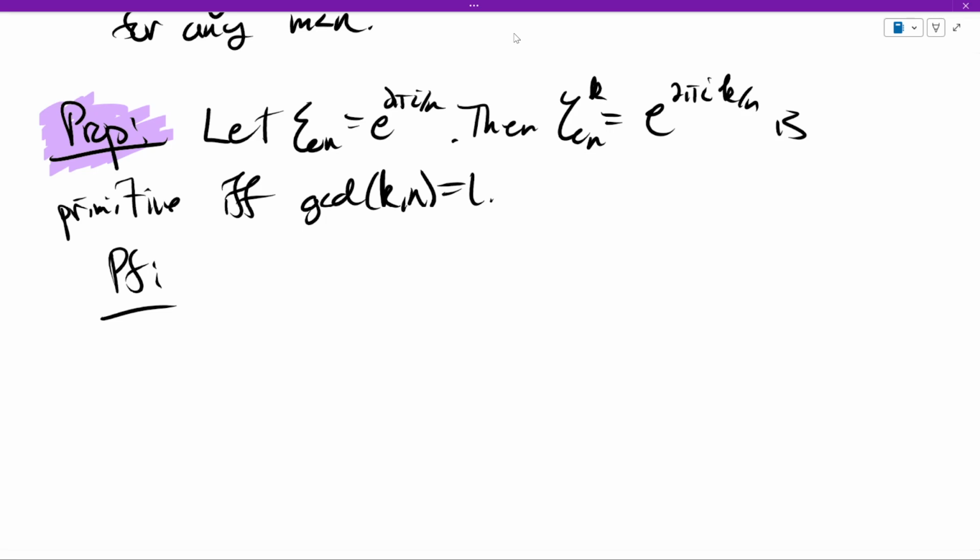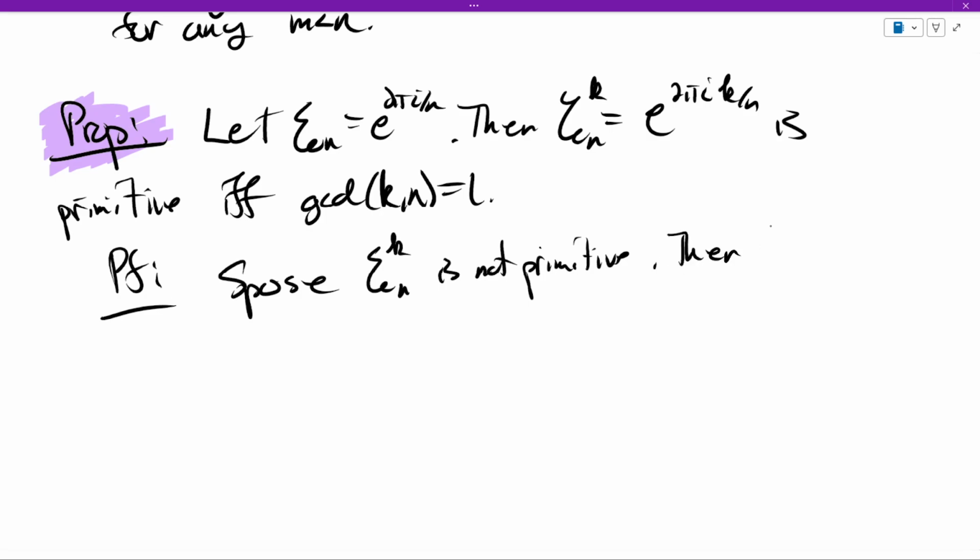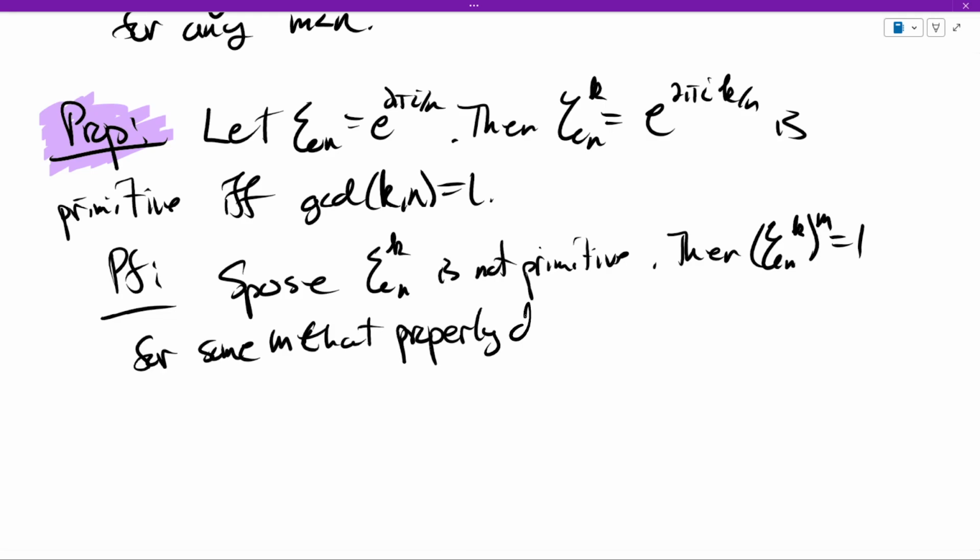So let's suppose that zeta sub n to the k is not primitive. What does that mean? It means that zeta sub n to the k is an mth root of 1 for some m less than n. And that m is going to have to be a proper divisor of n.